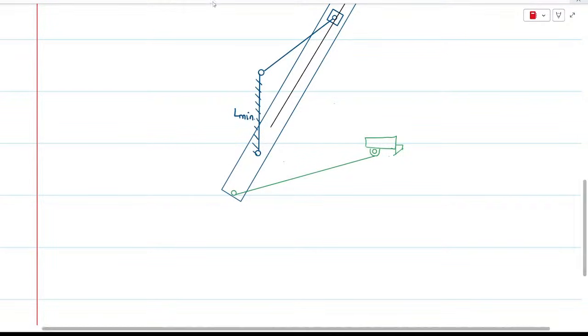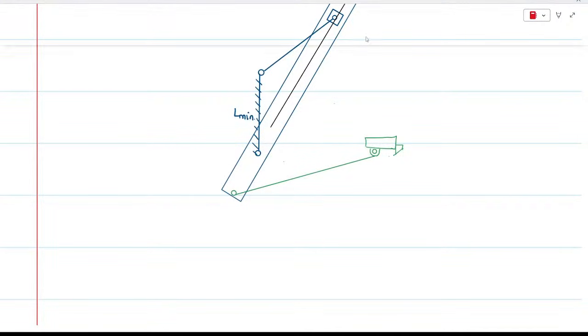Now the line of stroke of the cutting tool will be passing through the center of rotation. This would be the center of rotation.